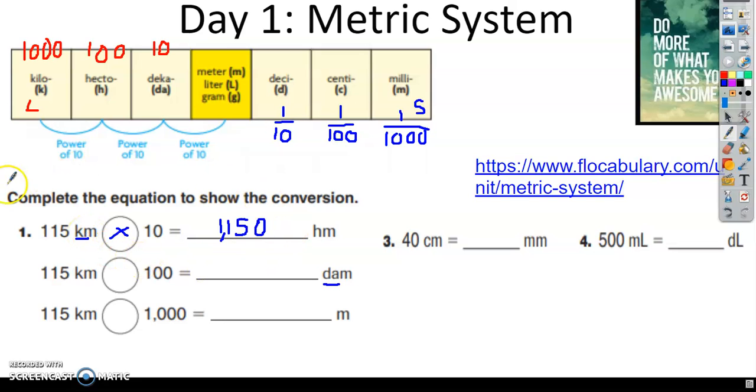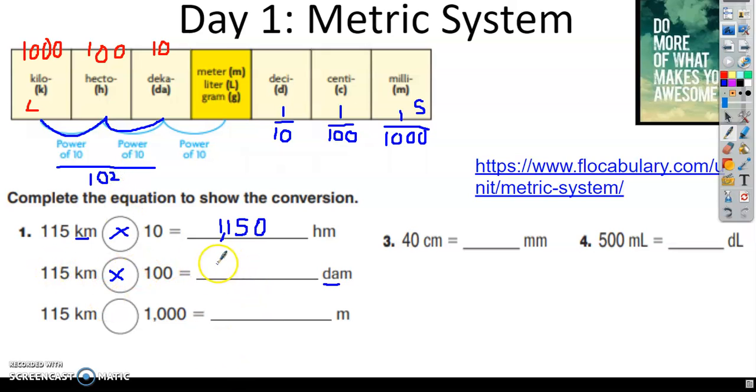Knowing what I just did in this first part, to figure out decameters, think about it, 100 times decameters gets me to kilometers. So if I multiply my amount of kilometers by 100, think 1 scoop, 2 scoops, 10 to the power of, think about how many groups that is. 100 is the same as 10 to the power of, everybody, 2.